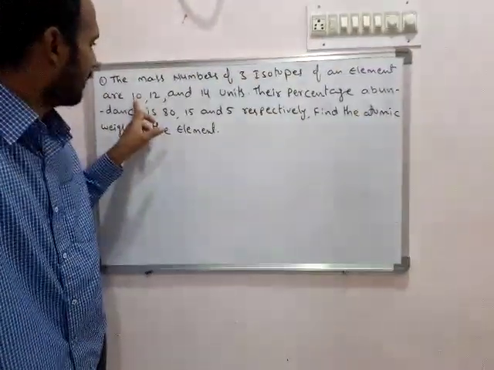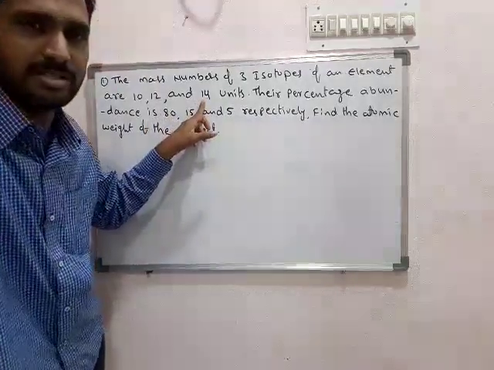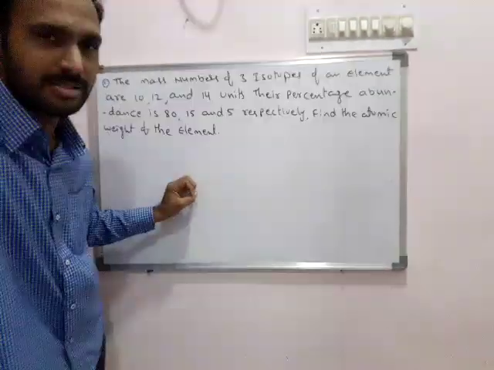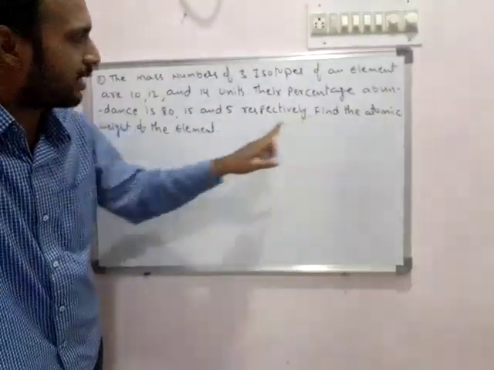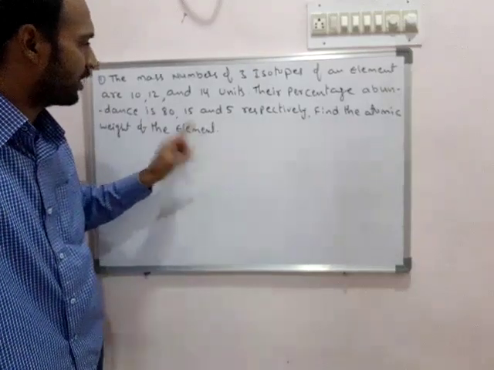These are the given atomic weights, but the element exists in these three isotopes which have different mass numbers. So we need to find the average atomic weight of that element.